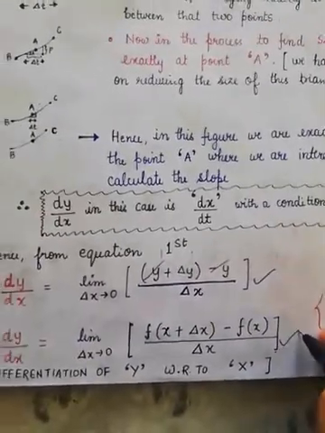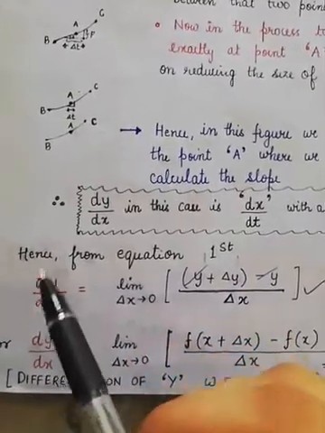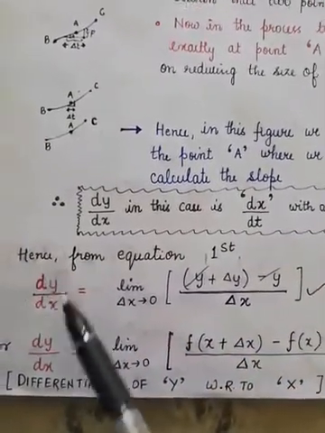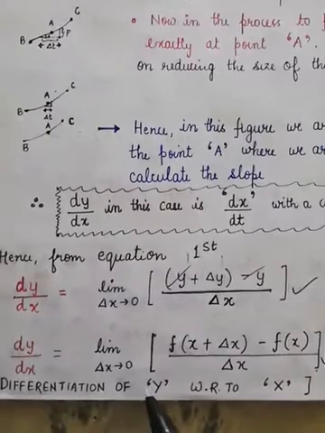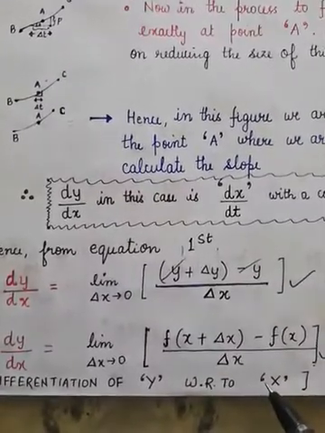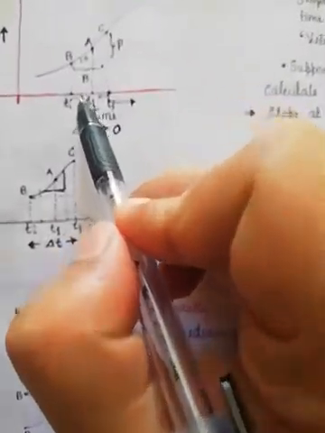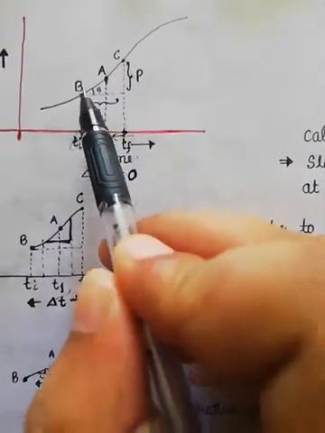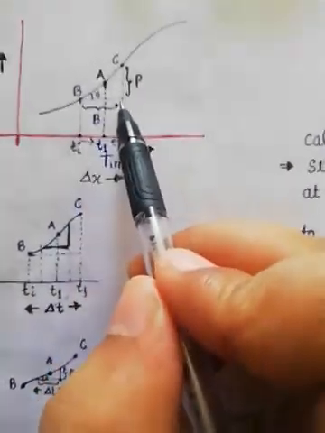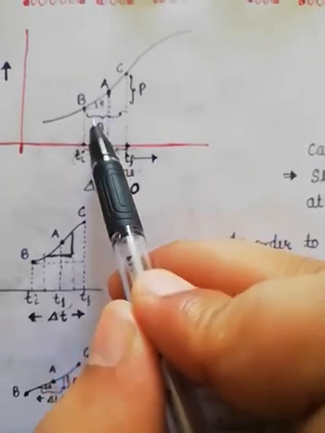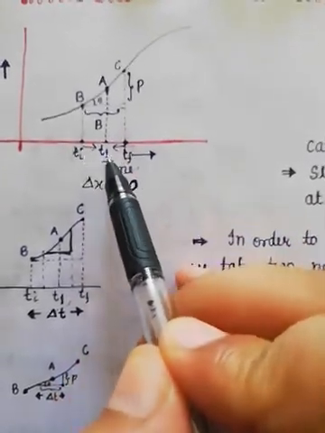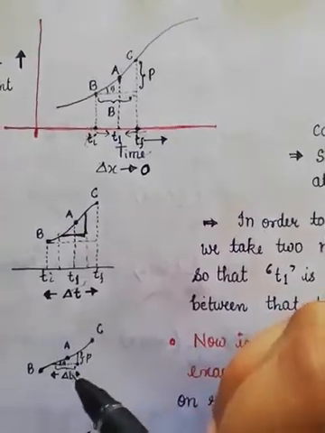This is the other way to represent differentiation, and the language we will use for this is differentiation of y with respect to x. What is that limit? Limit delta x tends to 0. We want to reduce this particular triangle. How do you reduce the size of this triangle so that you exactly reach this point? You have to reduce the size of this base. So delta x tends to 0.